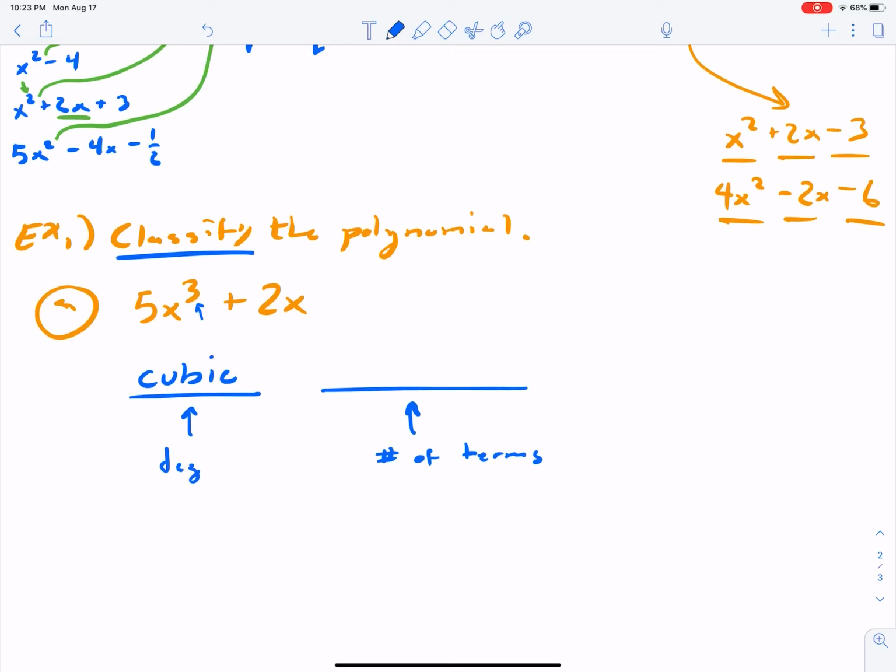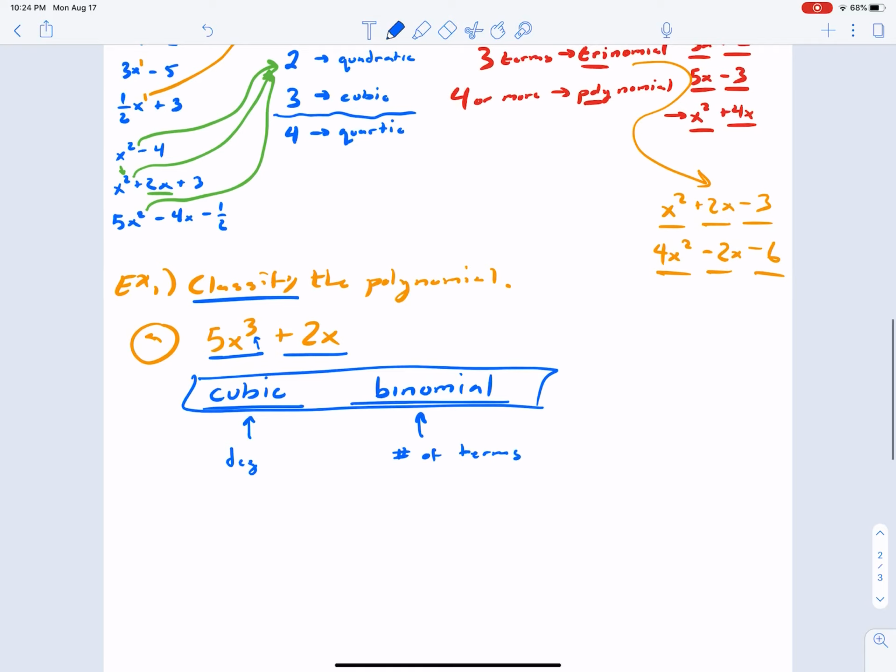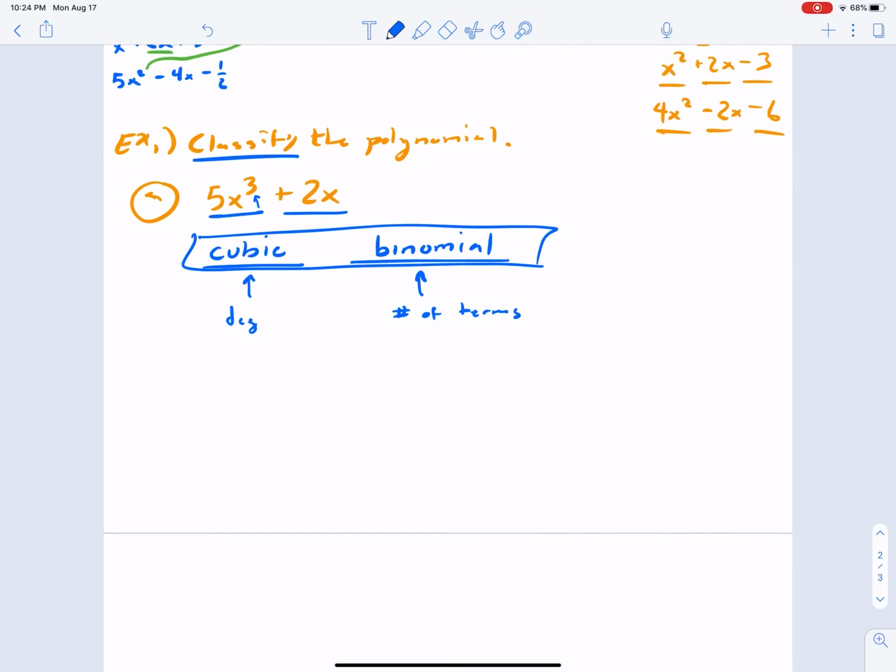And the last name is going to be the number of terms. So here we have 1, 2. Two terms, 2 is going to be a binomial. So altogether, this is going to be a cubic binomial. That's it. We're just naming it. All right? So here's some for you guys to practice.